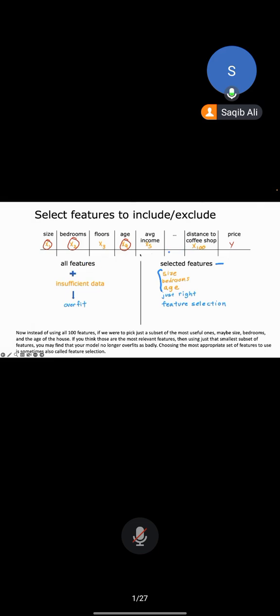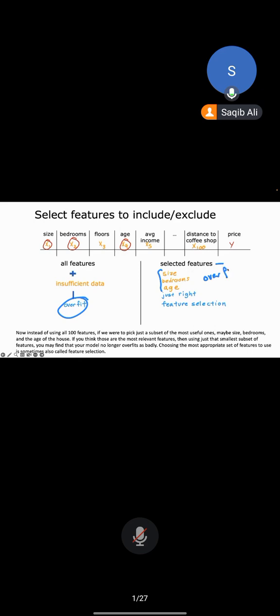Because, for example, if we have 100 features, we include all of them and we have very few training examples, the model will overfit. If we use few features, but we use polynomial features, then again the model will overfit. So selecting just the right features will help to reduce the problem of overfitting.